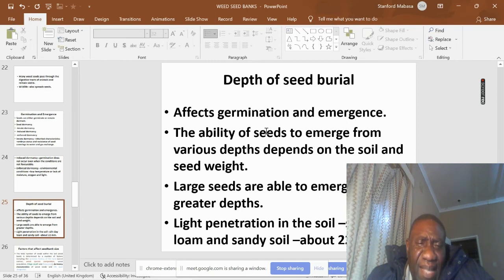For example, large seeds are able to emerge from greater depths. Light penetration in the soil, for example, silt, clay, loam, and sandy soil, is about 22 millimeters. So it is this light which can determine whether seeds are going to germinate or not.